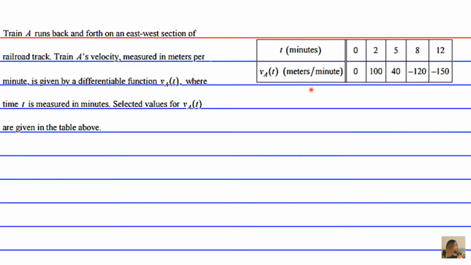So the question that I want to now pose to you is, at time t equals 2, that's 2 minutes, train A's position is 300 meters east of origin station. The train is moving to the east, okay?